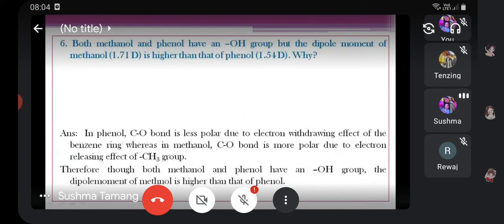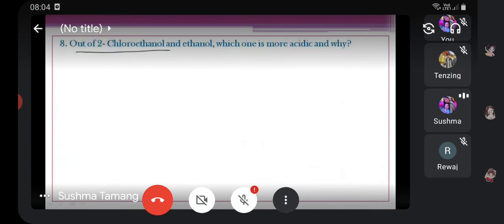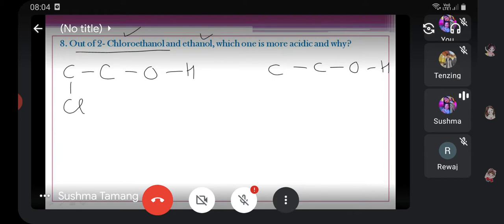Let's leave this. Then next, out of two, chloroethanol and ethanol, which one is more acidic? So chloroethanol, this is 2, and ethanol has two carbons, with O and H. Now here, this is an electron withdrawing group.